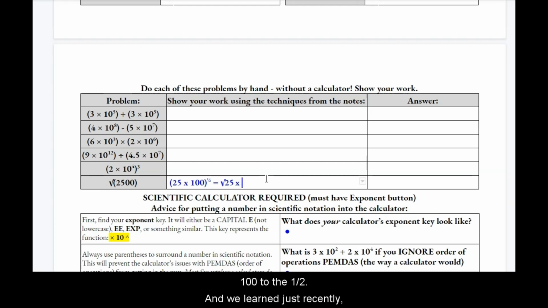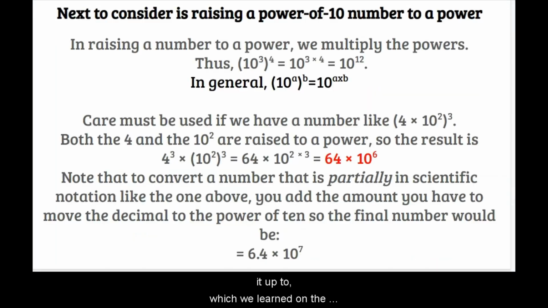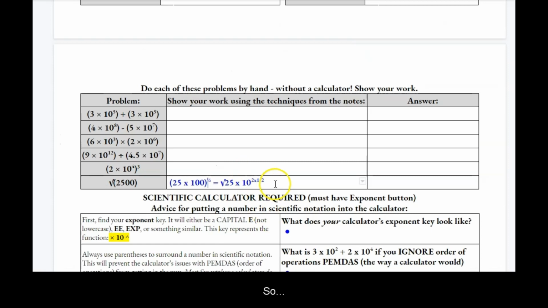And we learned just recently that since this is 10 to the 2 times the 1/2, what would that end up being? And so this was 10 to the 2, that just means 100. And we're multiplying it by the exponent that we brought it up to, which we learned on the previous set here. So we got 2 times 1/2 is just 1. So we are ready.